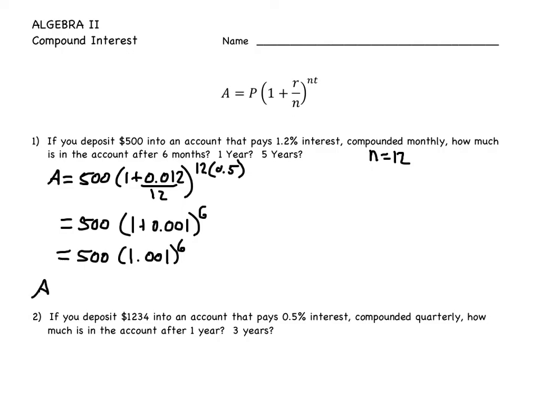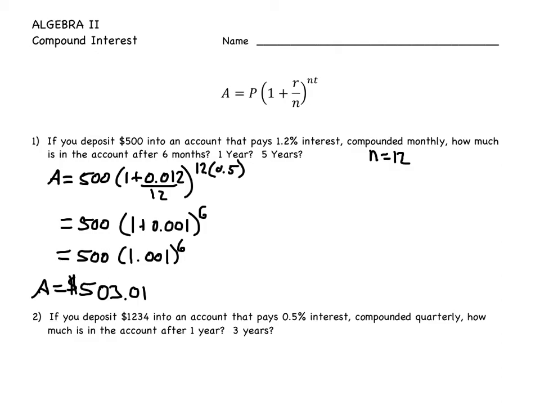In your calculator, you want to take 1.001 to the 6th power first. 1.006, blah, blah, blah. Leave that number in your calculator, because now all you want to do is push times 500. 503.01, and that is dollars. So after 6 months, we have made an extra $3.01.